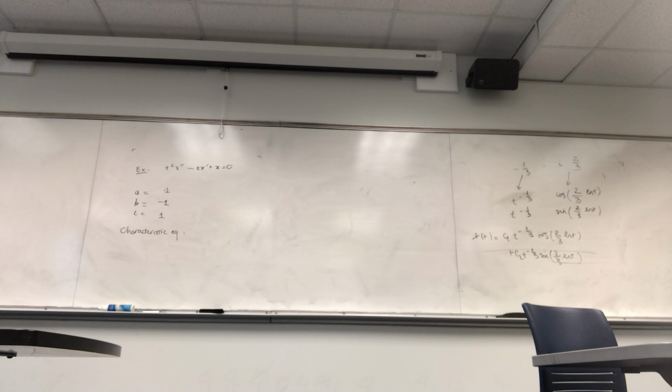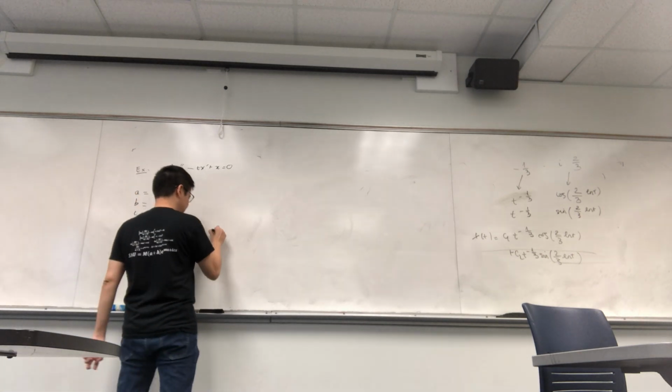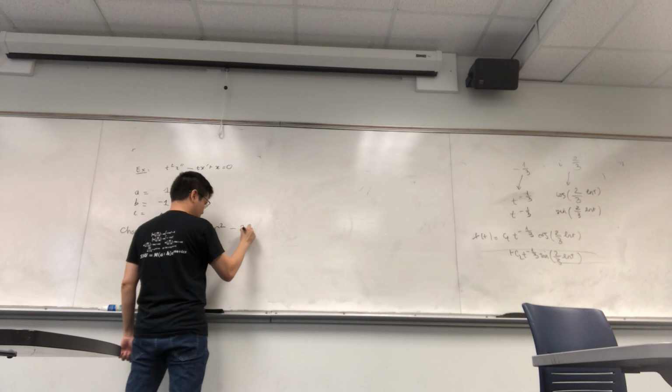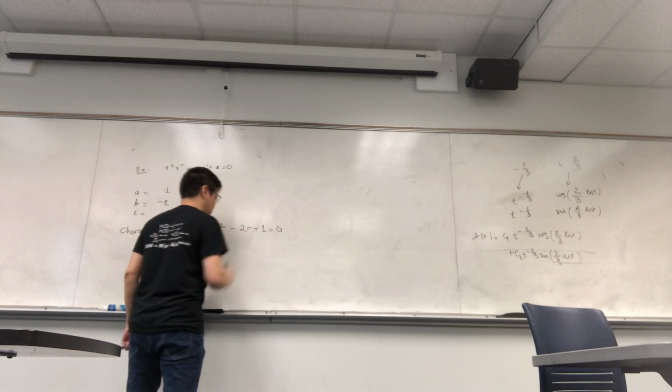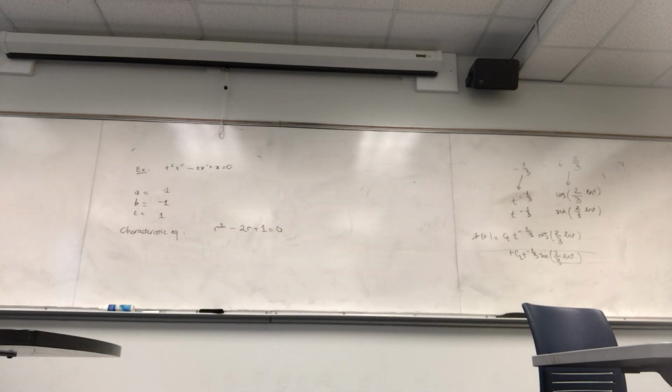will be r squared minus 2r plus 1. So this is r squared minus 2r plus 1 equals 0. So what is the root of this equation?